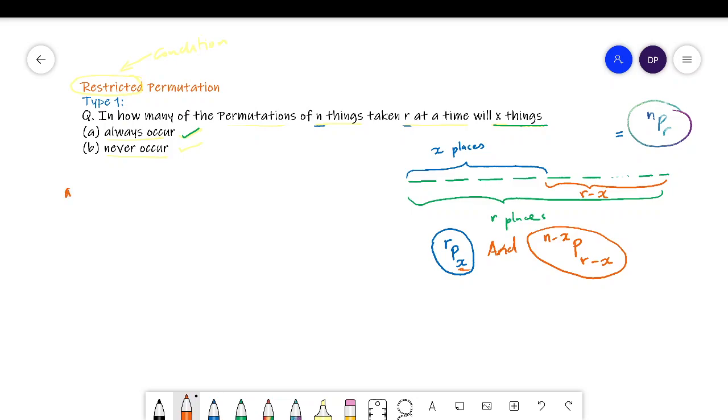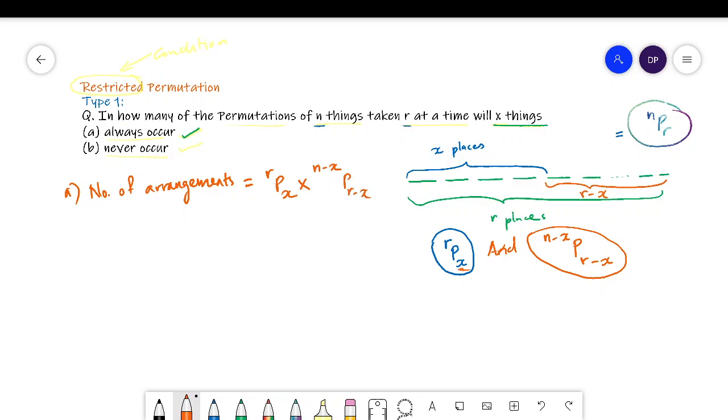Part A, I'm simply writing number of arrangements or permutations will be equal to rPx, meaning in r places x things can occupy in rPx ways, and again the remaining r minus x places will be occupied in, so remaining we have n minus x things, already we have taken the x things, (n minus x)P(r minus x).